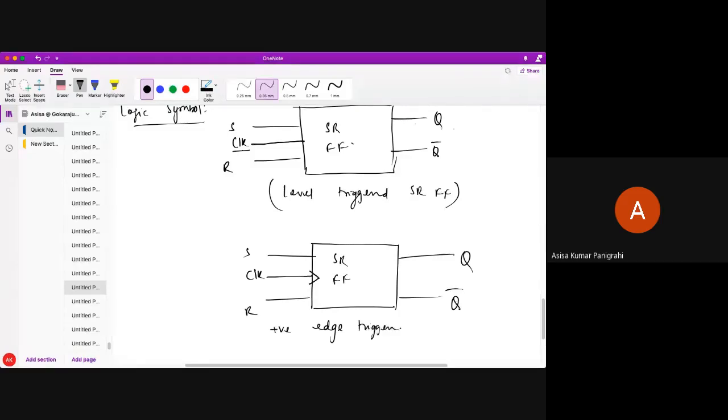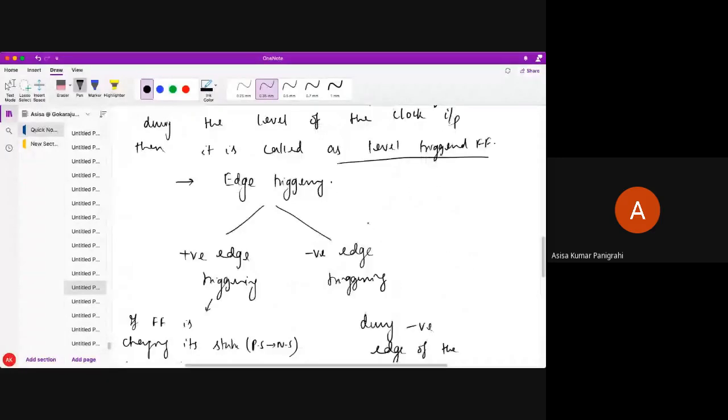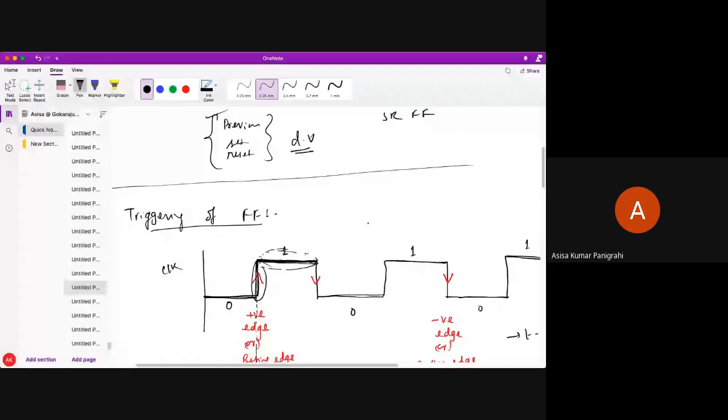Understand, students? Very simple. If there is an arrow mark like this, then it's called positive edge trigger. It means this flip-flop changes its state at the positive edge of the clock pulse. During this time only, if there is any change in the input, then it will reflect on the output. Are you understanding?